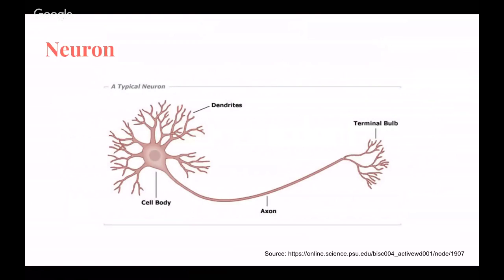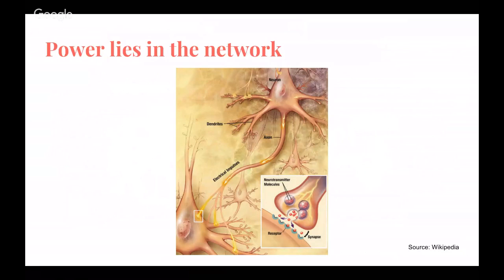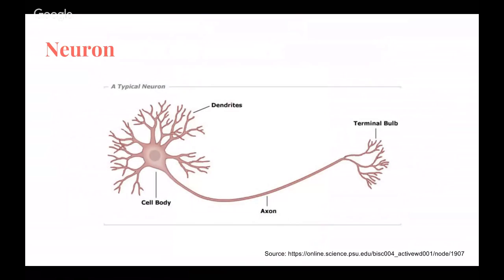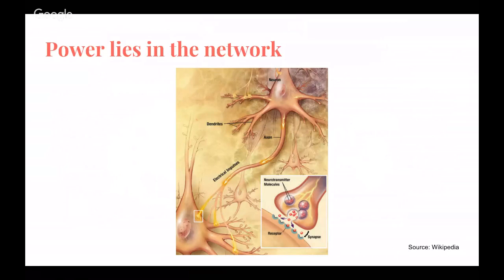So this is how a neuron looks. We have dendrites and we have an axon, and the cell body, that's actually a neuron. So a neuron on its own cannot do much, but a network of neurons is what the brain is, right?